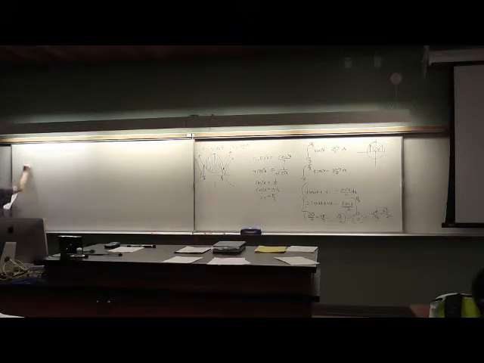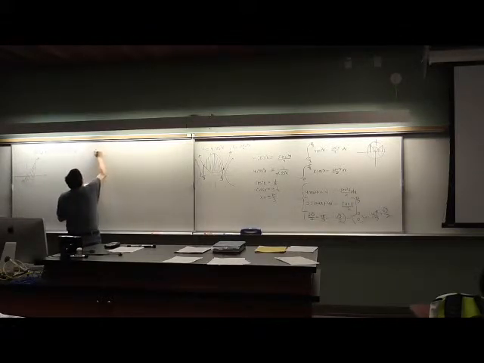It always helps just to get a little picture, see what you're dealing with. There's a 2x, and then there's a parabola. I don't really know where that parabola is. I'll just make believe it's here. Right, something like this. And I need to know what these points are. So I set these equal.